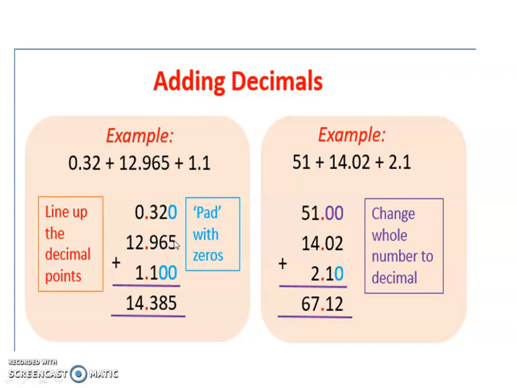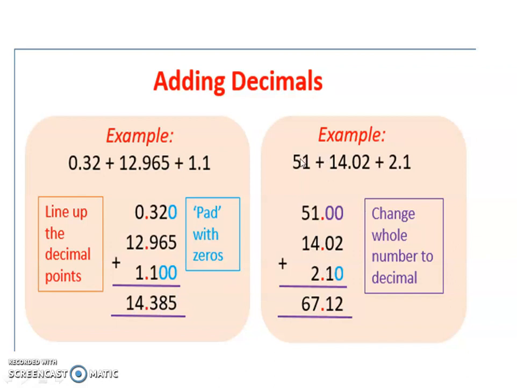Then add 0 plus 5 plus 0, 5. 2 plus 6, 8. 3 plus 9, 12. 12 plus 1, 13. And the carryover goes here. 1 plus 2, 3. 3 plus 1, 4. And 1 comes down. So 14.385.